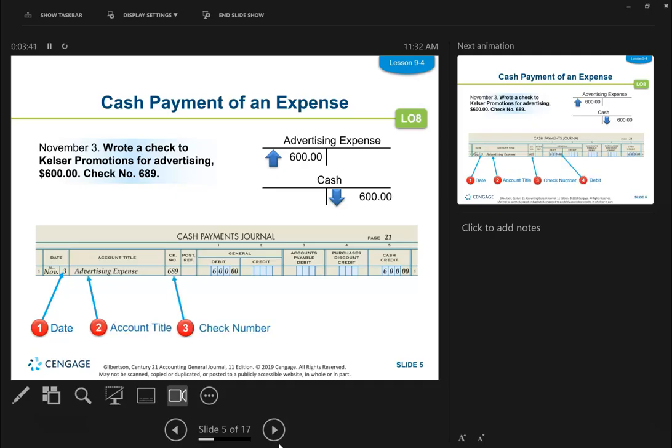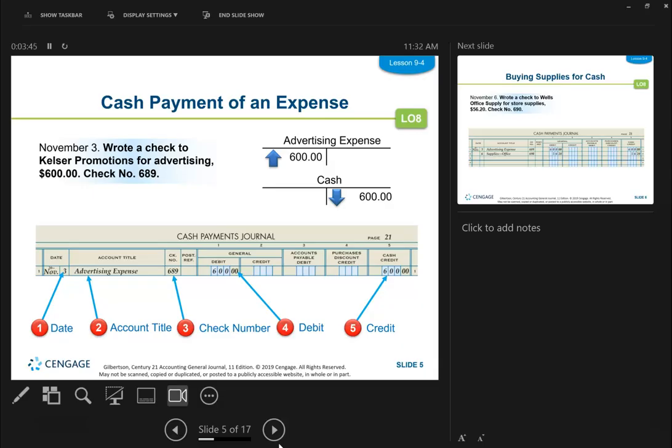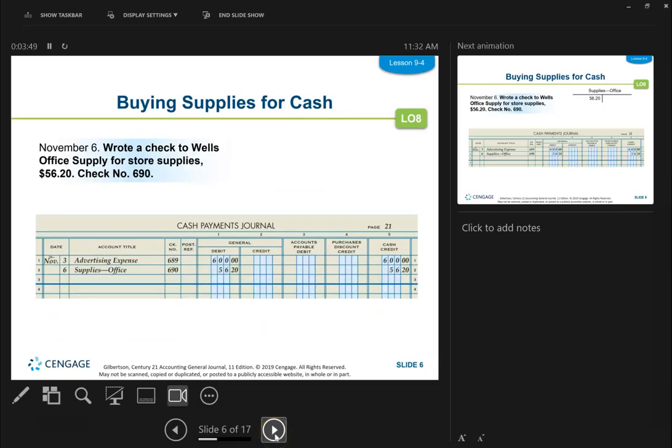Again, date, title, check number, amounts for debits and credits. Okay. Next transaction, wrote a check to Wells Office Supply Store for supplies for $56.20. The check was number 690. So again, the debit would be going into supplies, right?